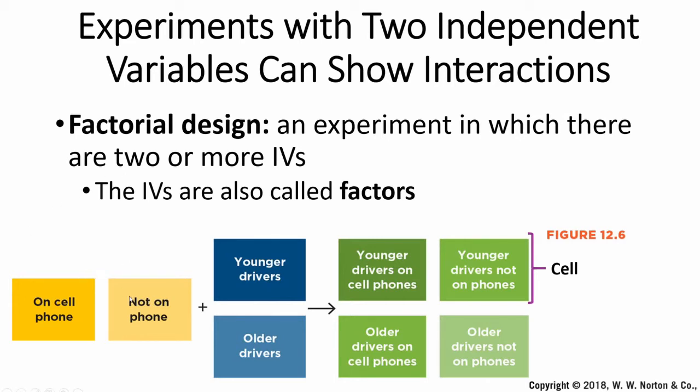So if you've been wondering how these get included if they're not actively manipulated, that's because in factorial designs, you'll usually talk about independent variables as either manipulated variables, things that you are actually controlling, or participant variables that you can't really control, but you still want to include in your factorial design.